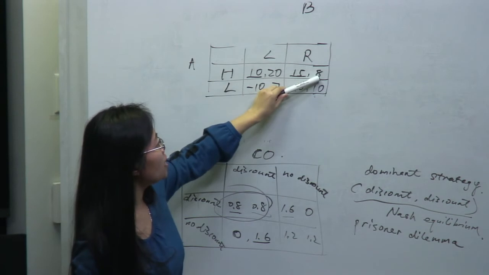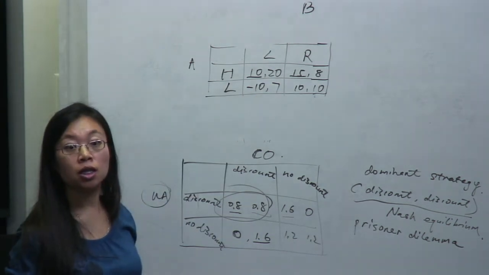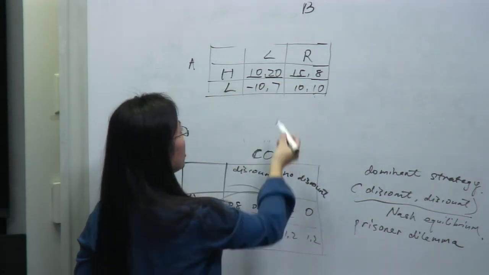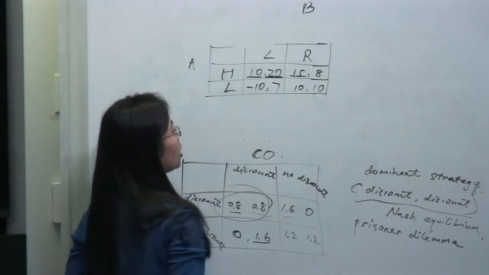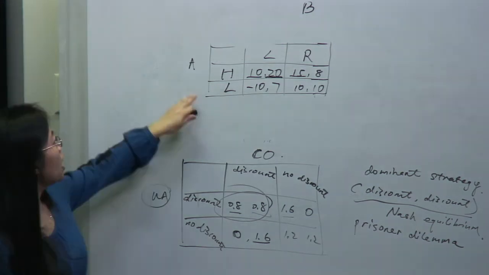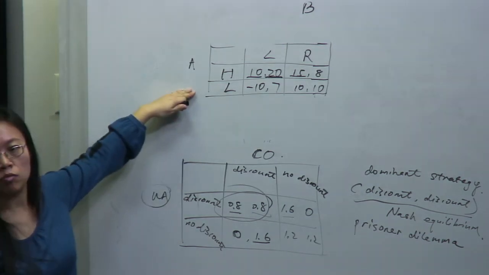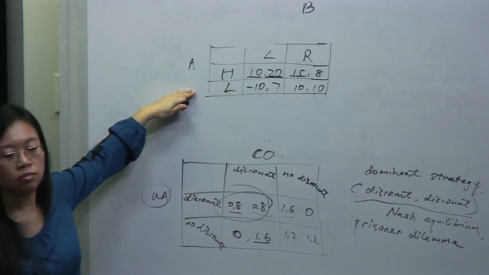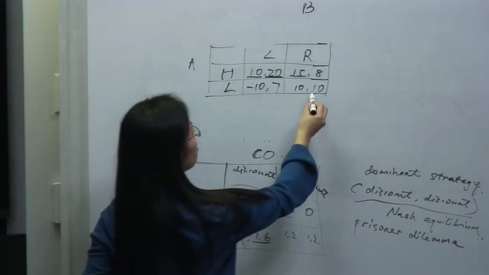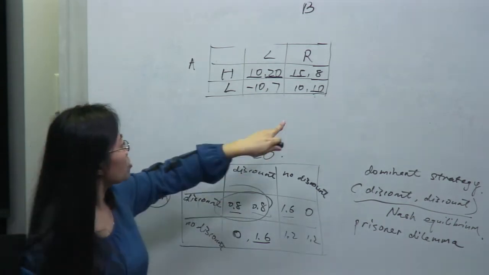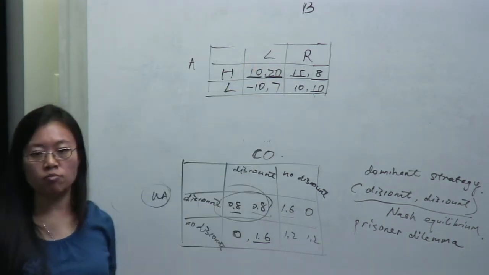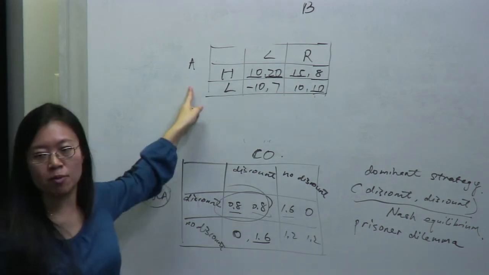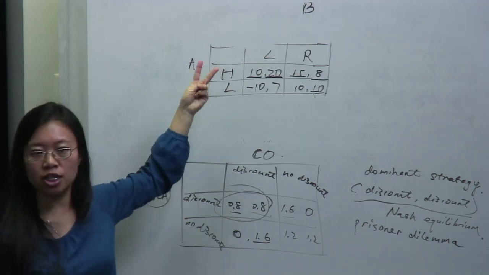By playing R, B gets 8. Which one is better? L. So you mark it. I mark it every time I find the best one. Now, if A chooses L, what's the best thing for B to do? R, because 10 is greater than 7. So does B have a dominant strategy? No, because it depends on how A plays. His best strategy changes.